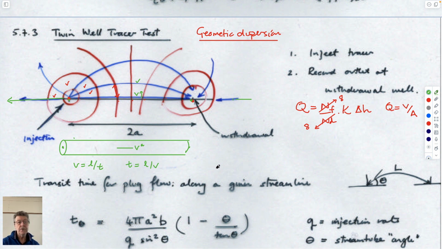So if you thought about drawing the residence time distribution at the downstream well, this would be C over C0. Then this one would arrive first, so this is time 0, this is the first arrival.